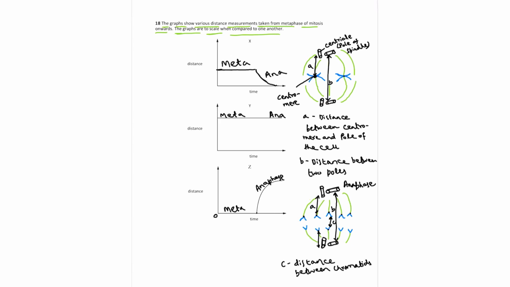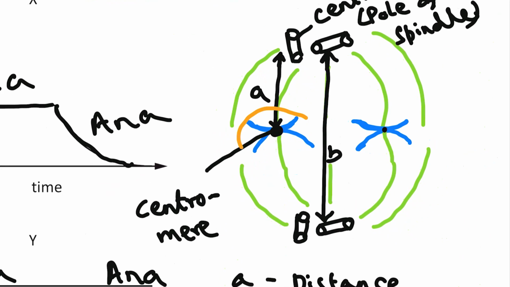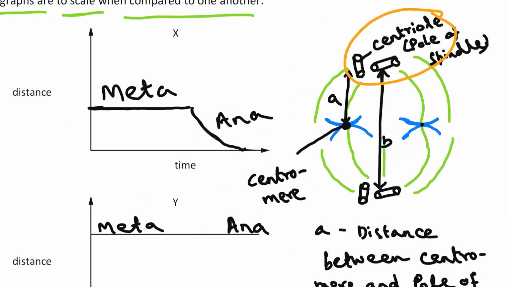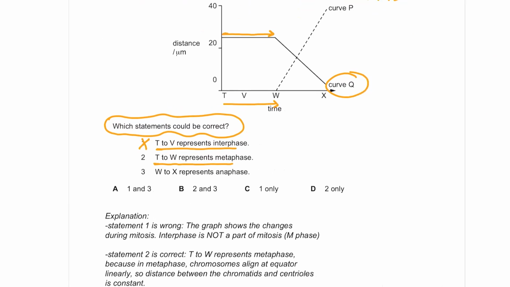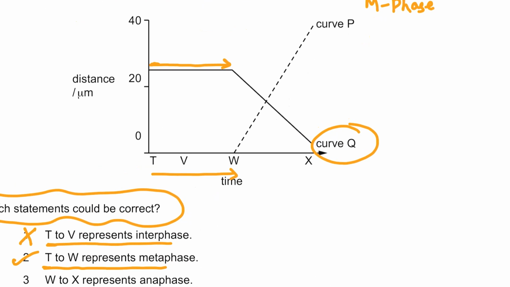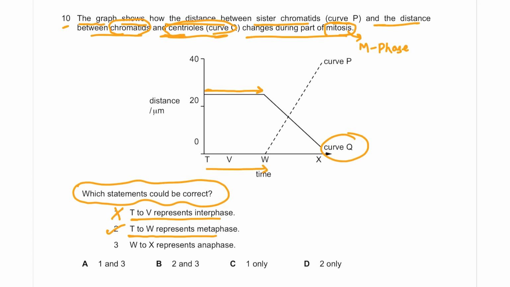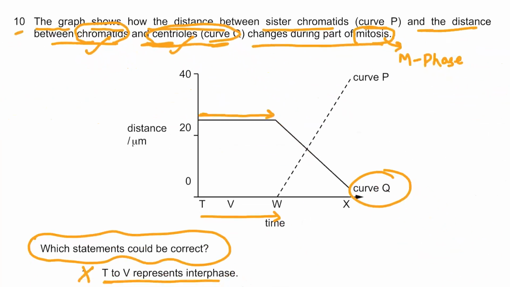In this diagram, we can see the distance A, that is the distance between the centromeres and the centriole or the pole. It stays constant during metaphase. So it's correct that T2W represents metaphase, because during this time, the distance that stays constant is the distance between the chromatids and the centrioles, or the distance between centromere and the poles. This is the same thing.